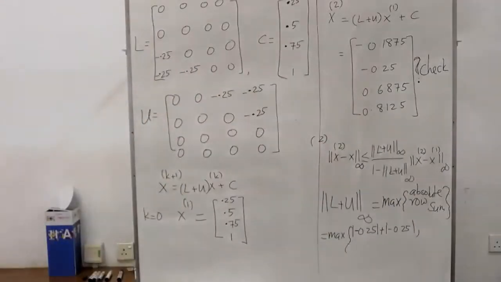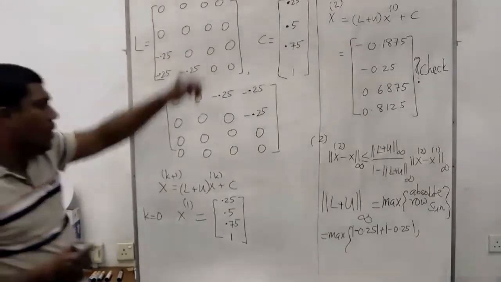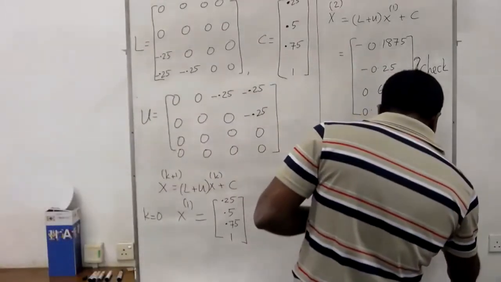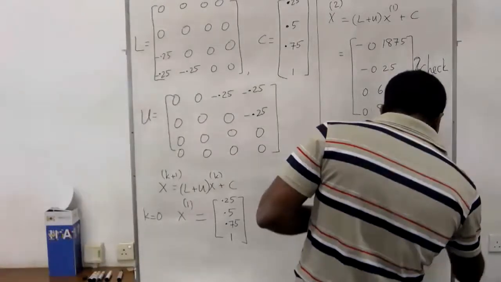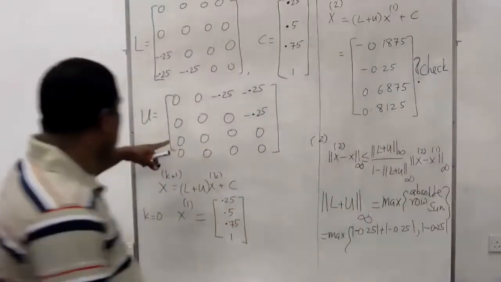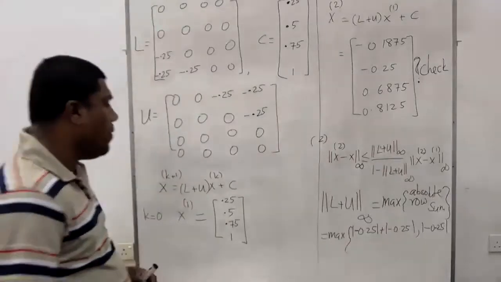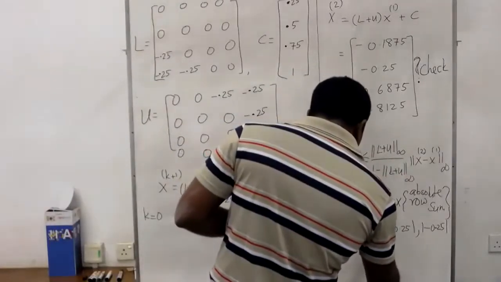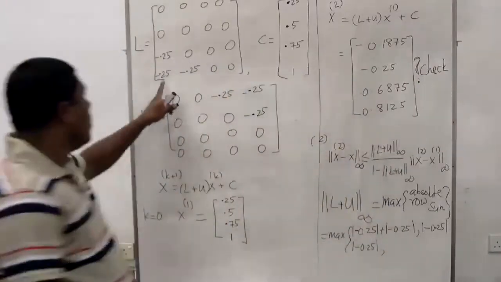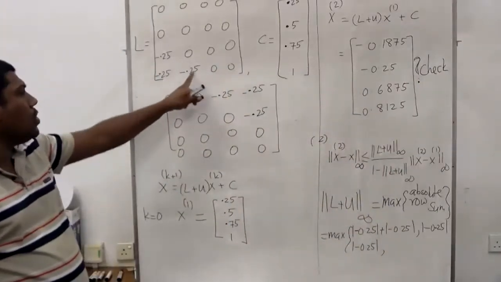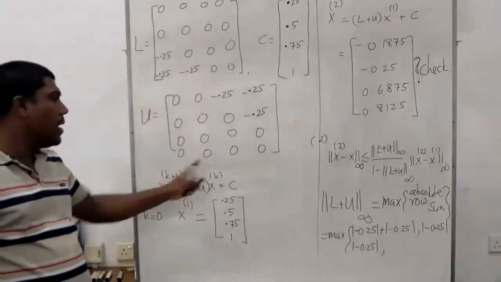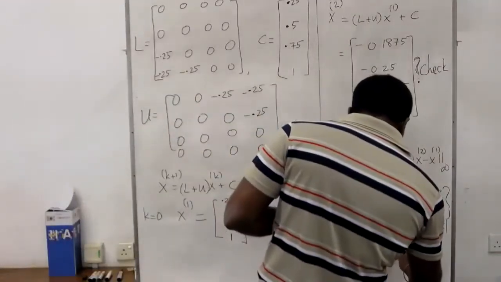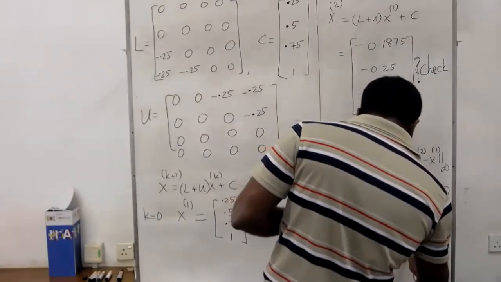And second row, there is only one minus 0.25, absolute value. Third row, 0, 0, 0, and there is only one minus 0.25. And then fourth row, there are minus 0.25, minus 0.25, and all the others are 0, so it's the sum of 2 absolute values of minus 0.25.